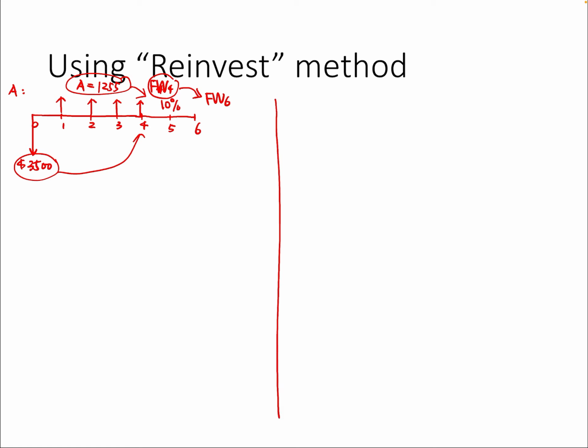Okay, so the first thing is you need to convert all the cash flow of the 4 years to the FW4. So FW4, don't confuse, this 4 means at the end of the 4th year. It doesn't mean the part 4, okay?